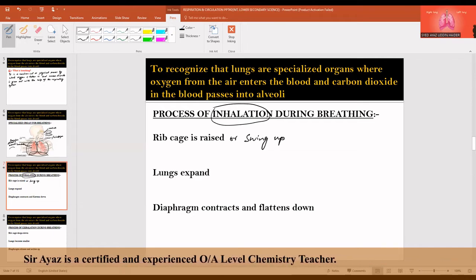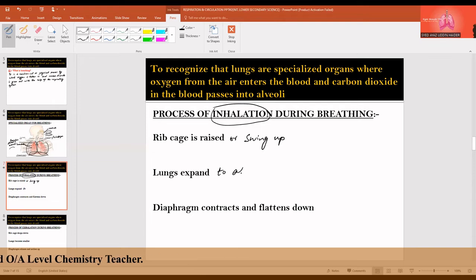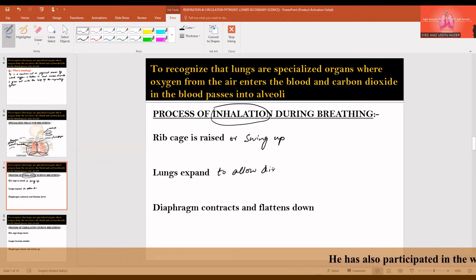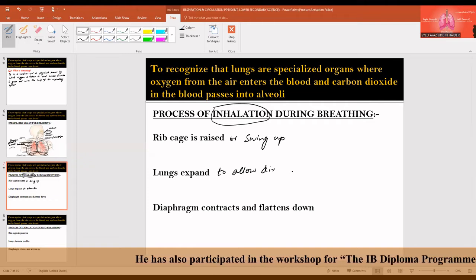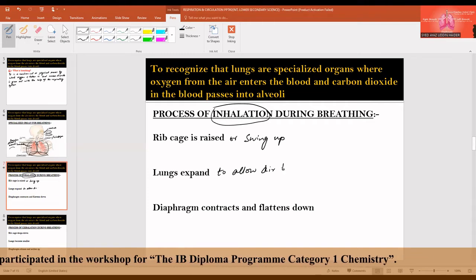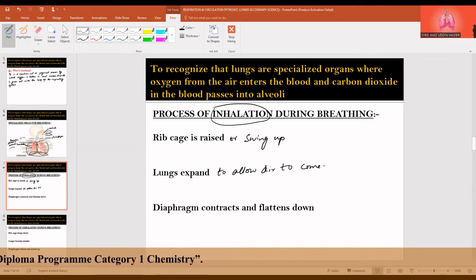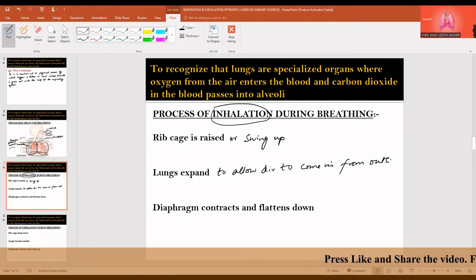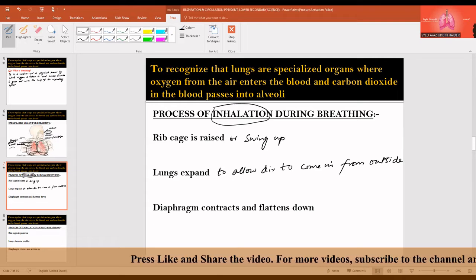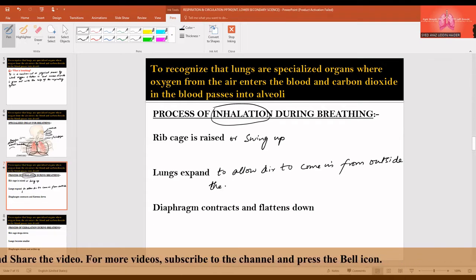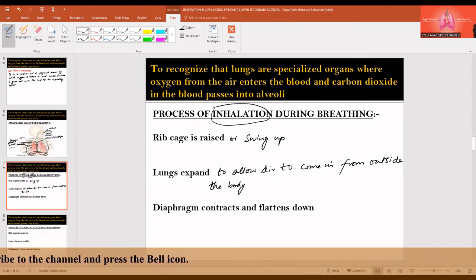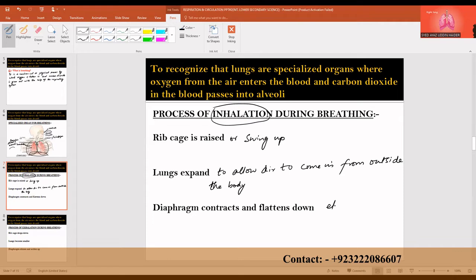Lungs expand to allow air to come in from outside the body. Diaphragm muscle contracts and flatten down, etc.